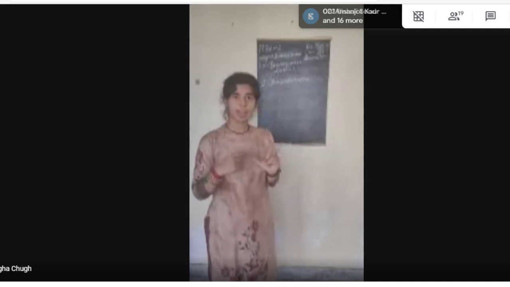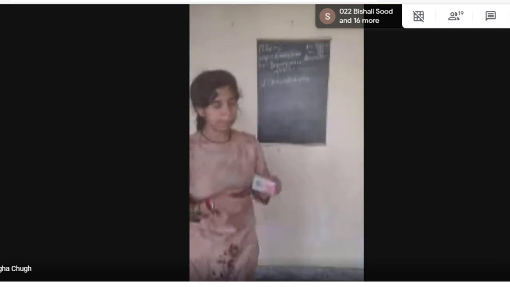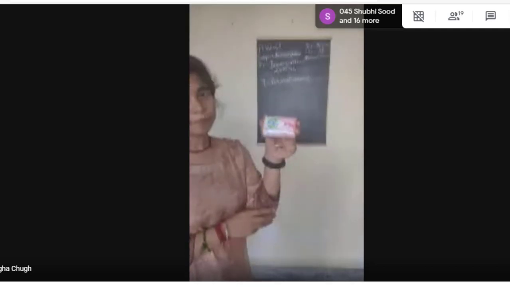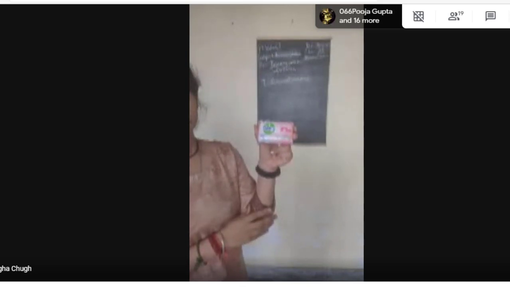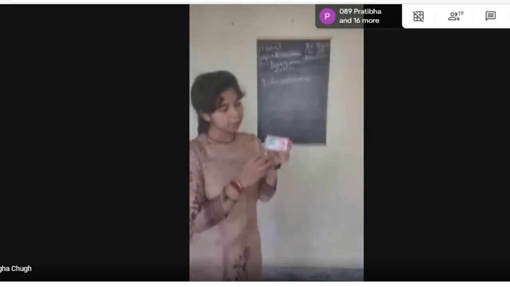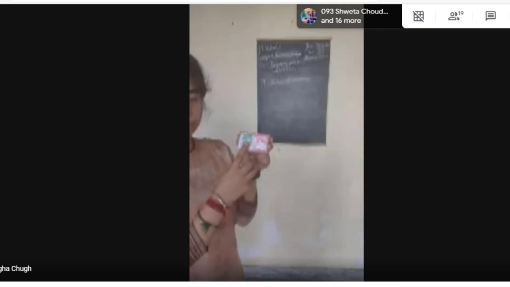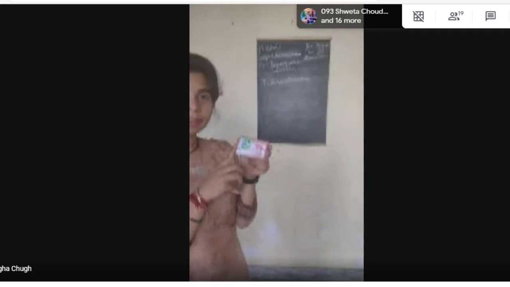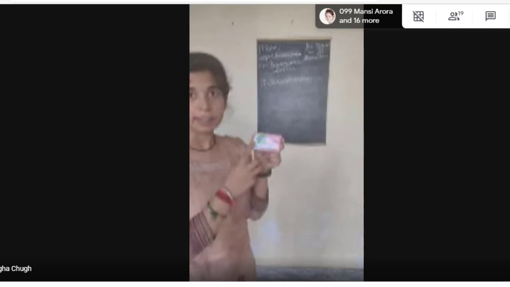Students, tell me the brand name from this food product. Yes, very good. Now, students, the Dettol is visible over here. From the product, we can identify the product that is the Dettol, and this is the brand name of the product.